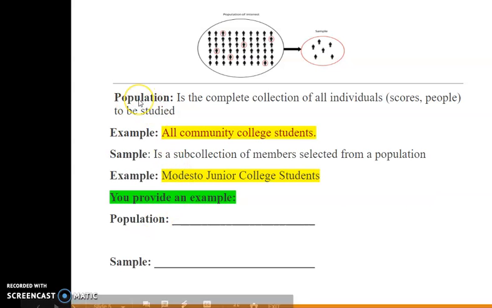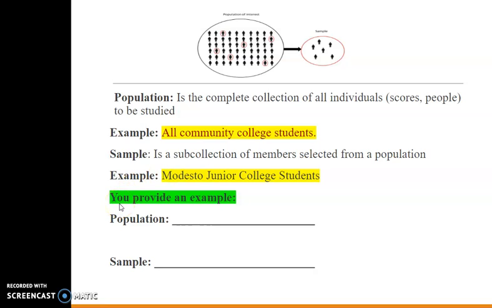When we talk about a population, we could come up with all community college students. That would be the population in question. And as we look at a sample, well, it is a sub-collection, so a sample could be you guys, Modesto Junior College students. Notice that these two are highlighted, so I need you to fill them in your PowerPoint.